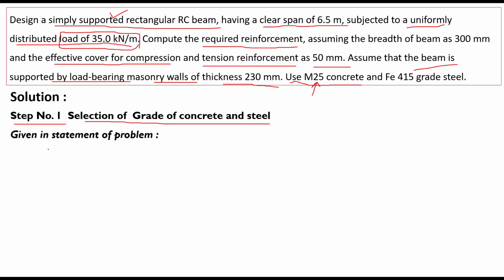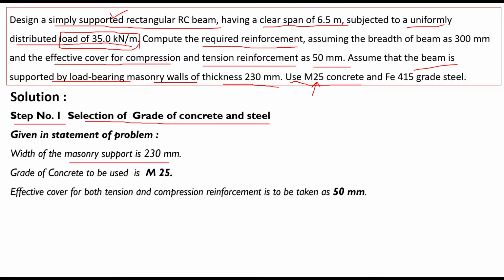So here we have written what is given in the problem statement. First is the width of the masonry support, which is given as 230 millimeter. And the grade of concrete which we are going to use in this design problem is M25, and the effective cover for both tension as well as compression reinforcement is taken as 50 mm.